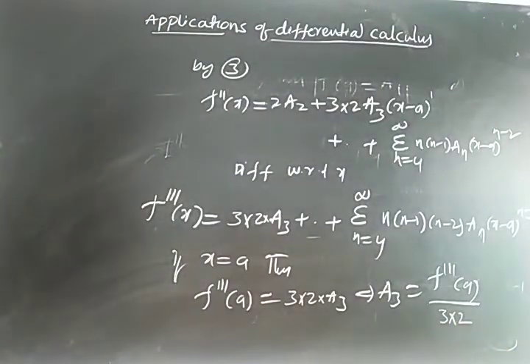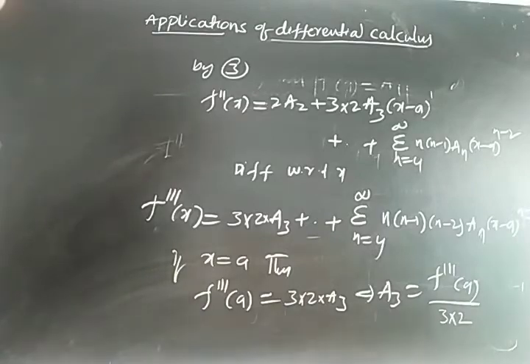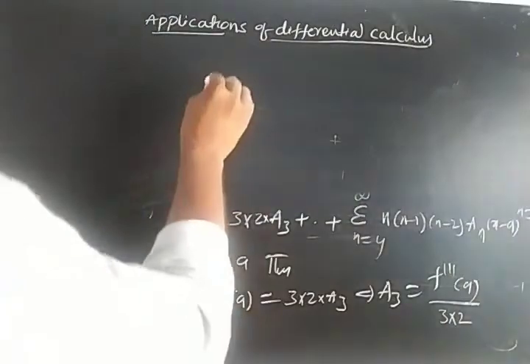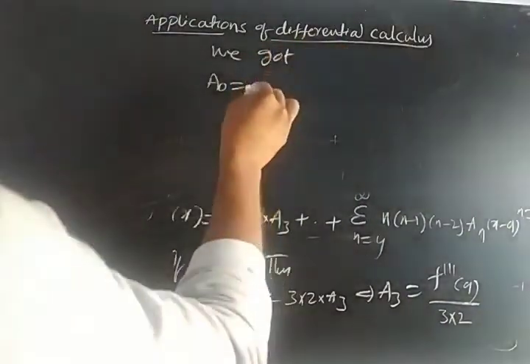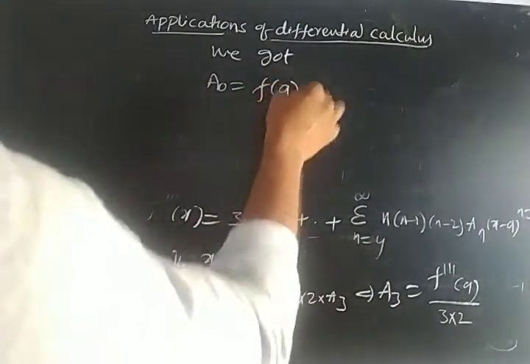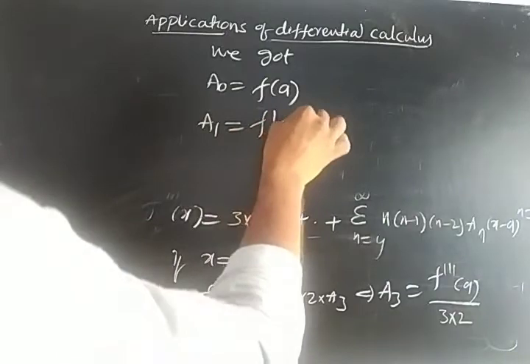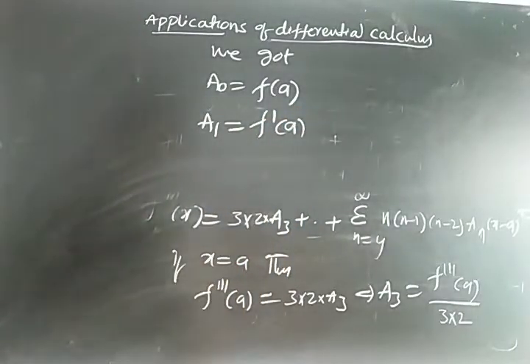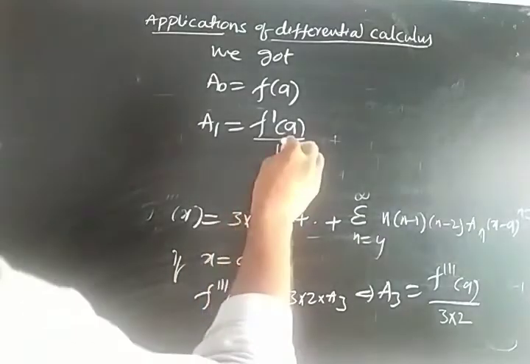So first of all, a0 we got f of a, a1 we got f dash of a. We can write f dash of a as f dash of a by 1 factorial. And a2 we get, so here I will write how we got the unknown terms. a0 we got as f of a, a1 as f dash of a by 1 factorial, since 1 factorial is 1.